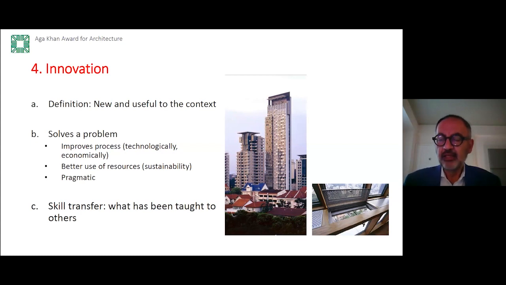This helped them have less air conditioning. Because of less air conditioning, they had more space and were able to sell the apartments better. So it became an innovation which was better for the developer as well.